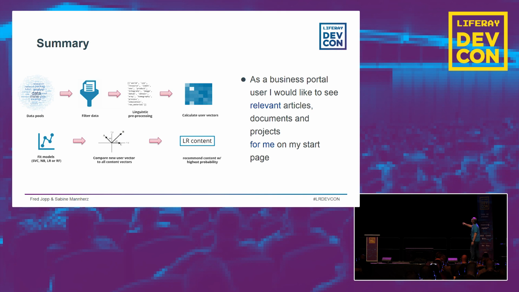So the method is: you start with the data pools on the upper left side. You filter the data, you do ETLs with that, and a little bit of ML methods. You do linguistic pre-processing. You calculate user vectors on the basis of the external or internal database. You then fit the models on that.